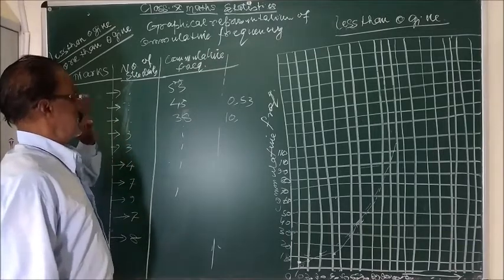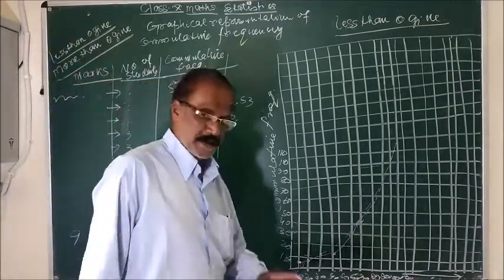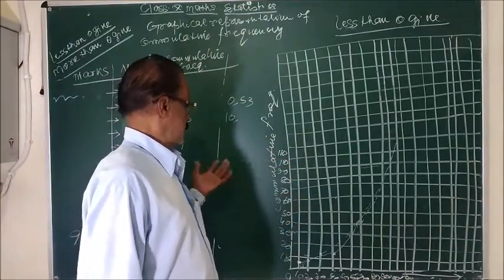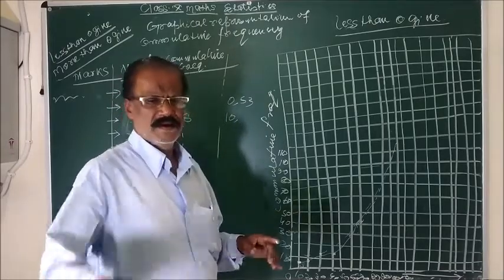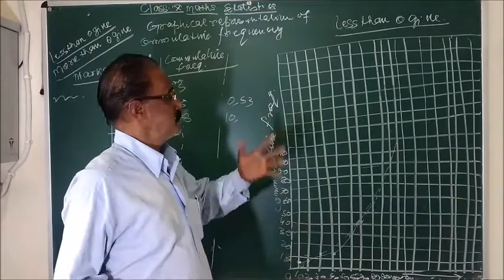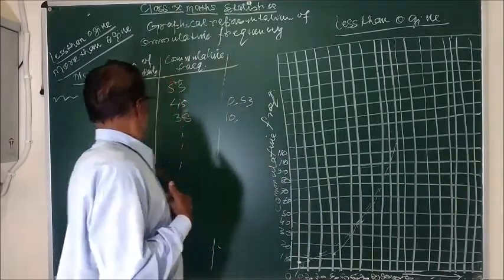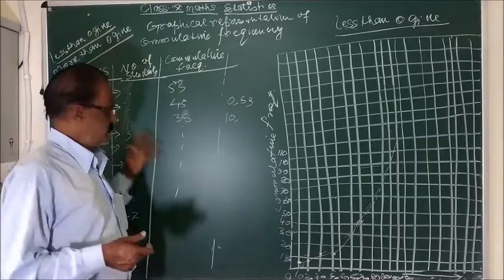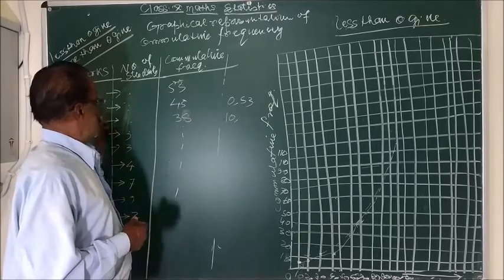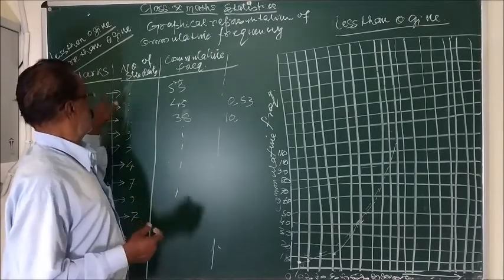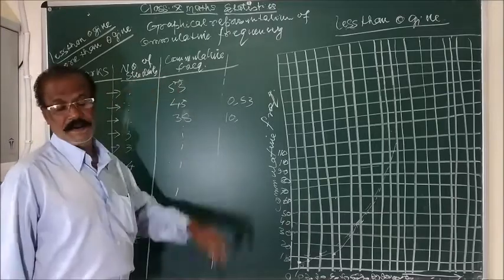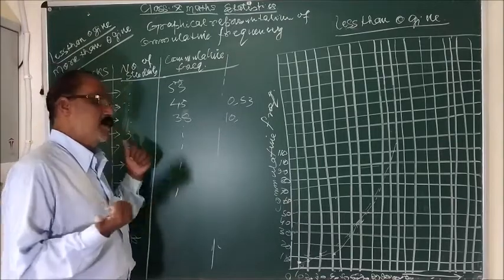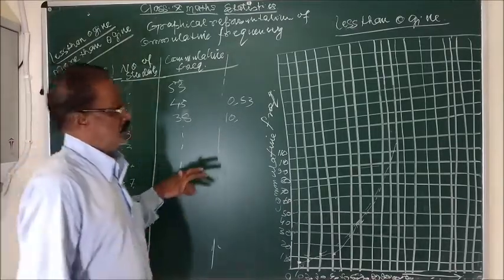So my dear students, we will try to solve, because I am not getting enough time to explain everything, calculating and simplifying all these things. You will try to solve, and if you have any doubt, ask. But more important, cumulative frequency is the sum of all the frequencies of the class interval, and in the less than type, we take the coordinates upper limit and corresponding cumulative frequency, and in more than type, we take lower limit and corresponding cumulative frequency.